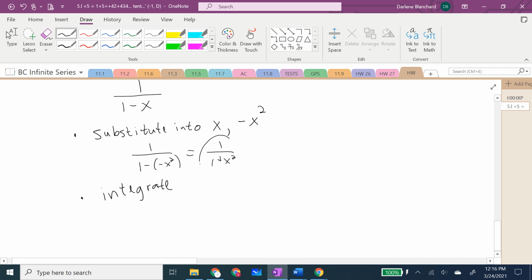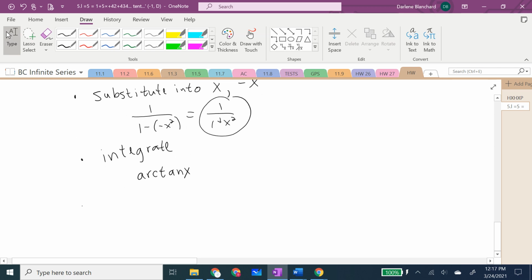Okay, integrating this function, I know that gives me arctan x. There is a plus c, but I'm going to let the polynomial handle that end. This is not the function I wanted to get. I wanted to get the arctangent of x divided by 3.